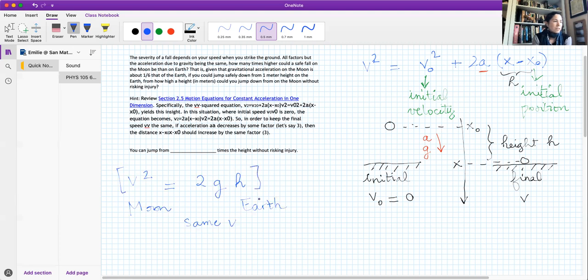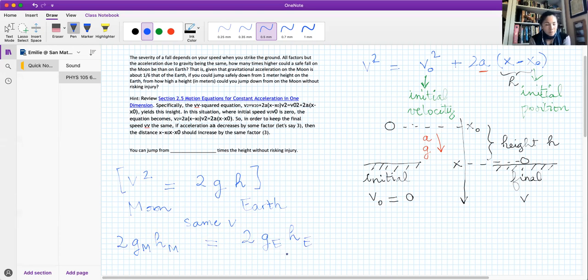So that means that I need the same 2gh, which gives me my V. We need 2g of moon, I'm going to give that an m for moon, times the height that I'm going to have possible on the moon, equal to 2 times the acceleration due to gravity, I'm going to put an e for Earth, and the height that we had on Earth.